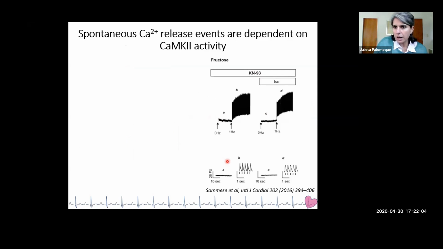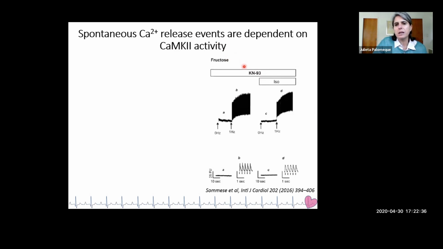So, because as Fabio said, we have a history with CaMKII, and because CaMKII is involved in several heart diseases like the evolution from hypertrophy to heart failure, apoptosis, arrhythmias, and so on, we suspected that CaMKII could be involved in these spontaneous calcium release events.